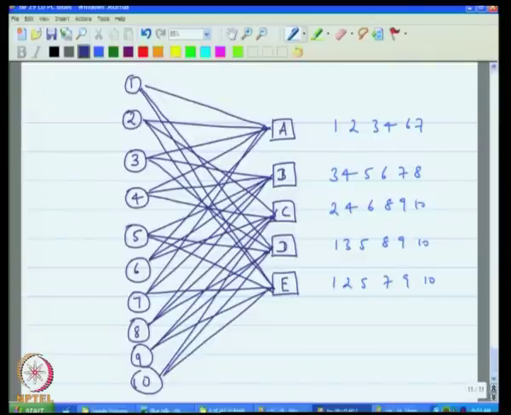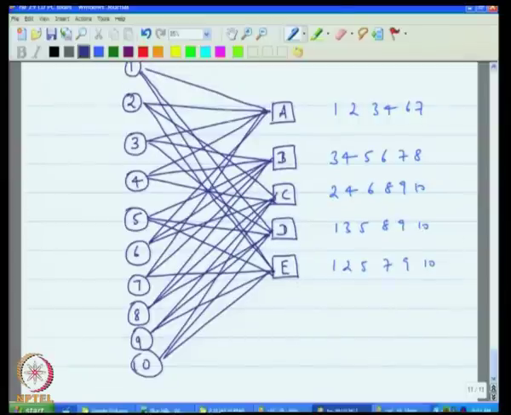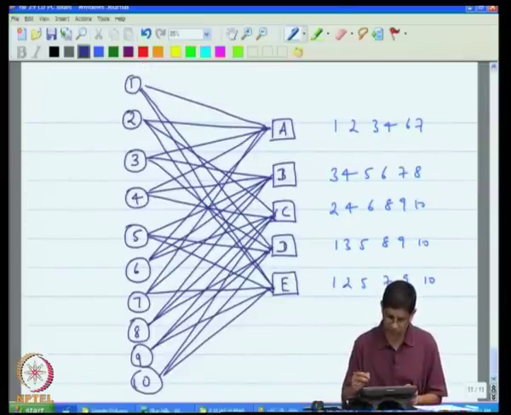Okay, so this graph here represents the code and is called a Tanner graph.